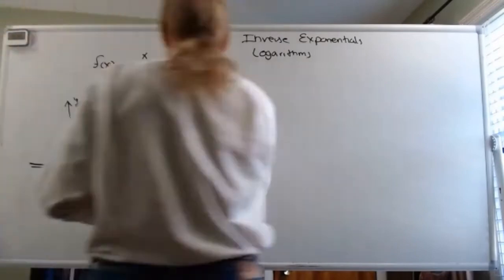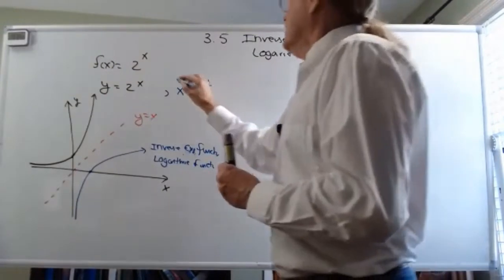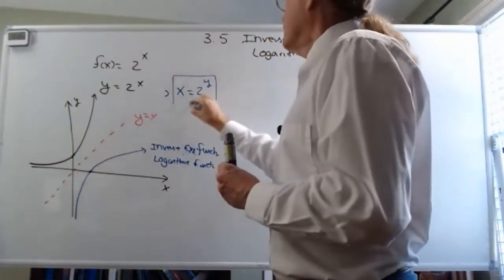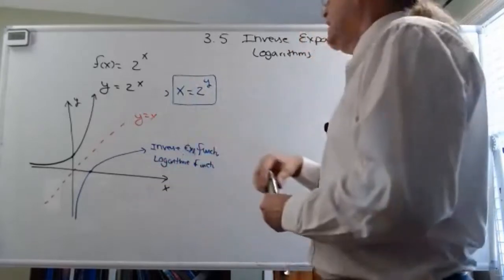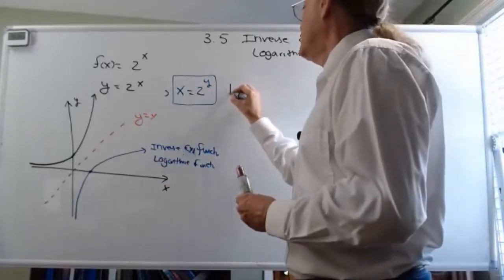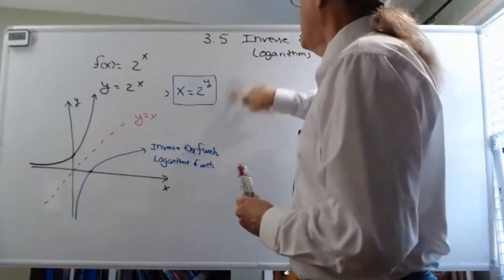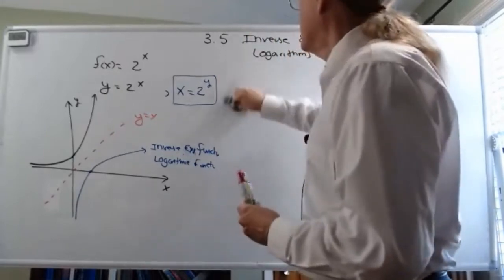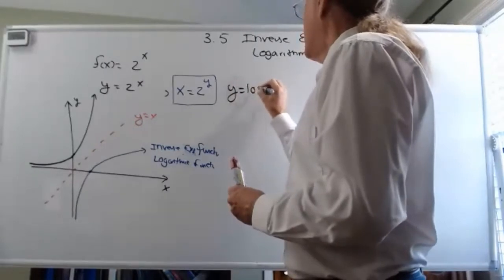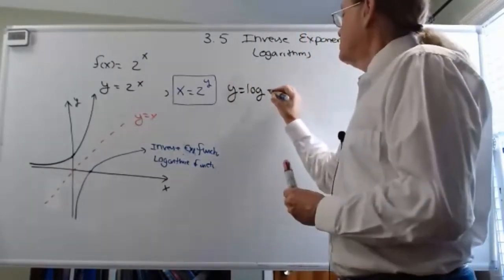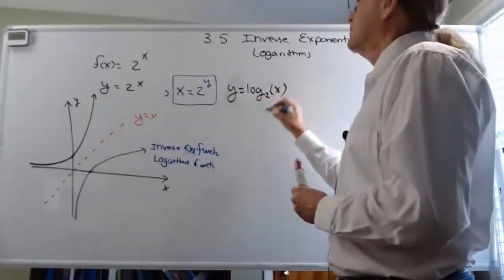Here I can't explicitly solve for y. So this is one form of a log function. But what we do is we create a name for it. We say y is equal to the log, and we put a little subscript here, that means base 2, of x.